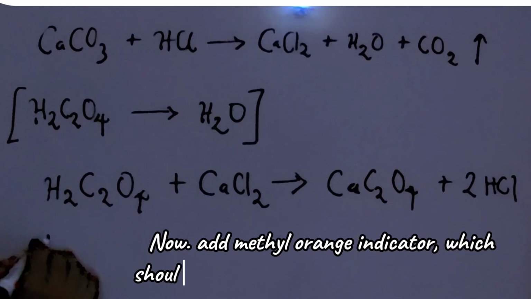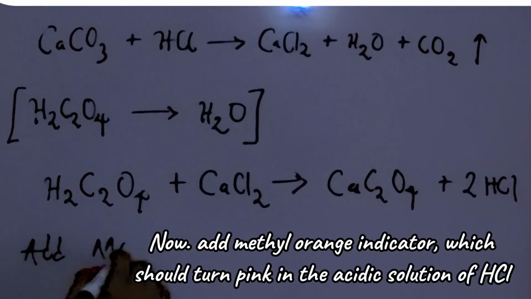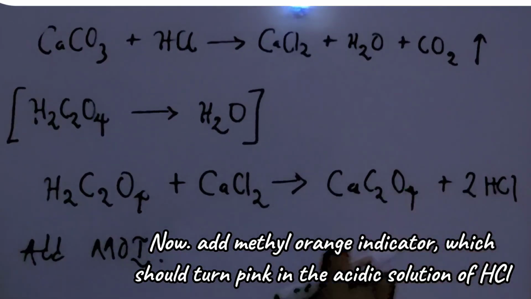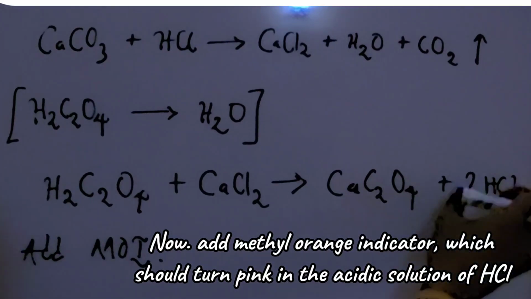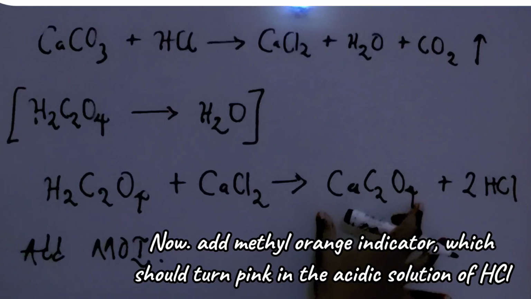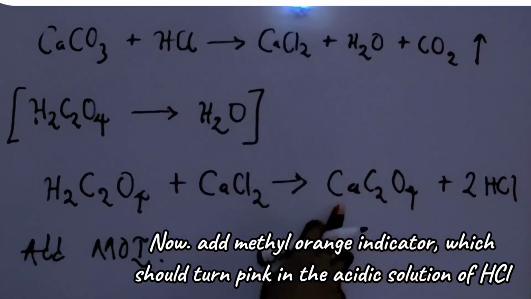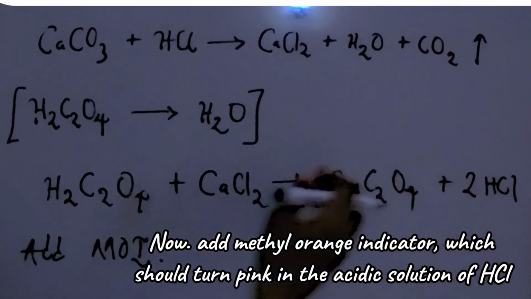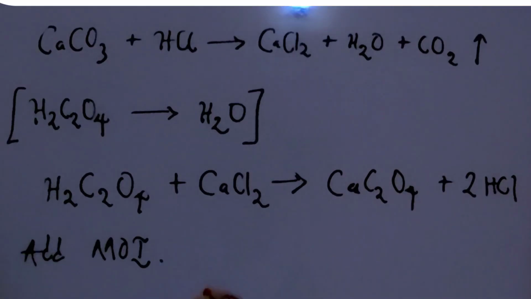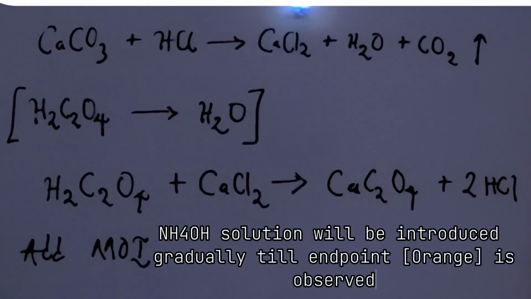Add methyl orange indicator. Do you know why you're adding the methyl orange indicator? We have an acid. We are not interested in the hydrochloric acid. We want to neutralize this, because remember, we have calcium and we don't need this. So we're going to add methyl orange indicator and then introduce a base, an ammonium hydroxide solution, because ammonium hydroxide is a base and hydrochloric acid is an acid.